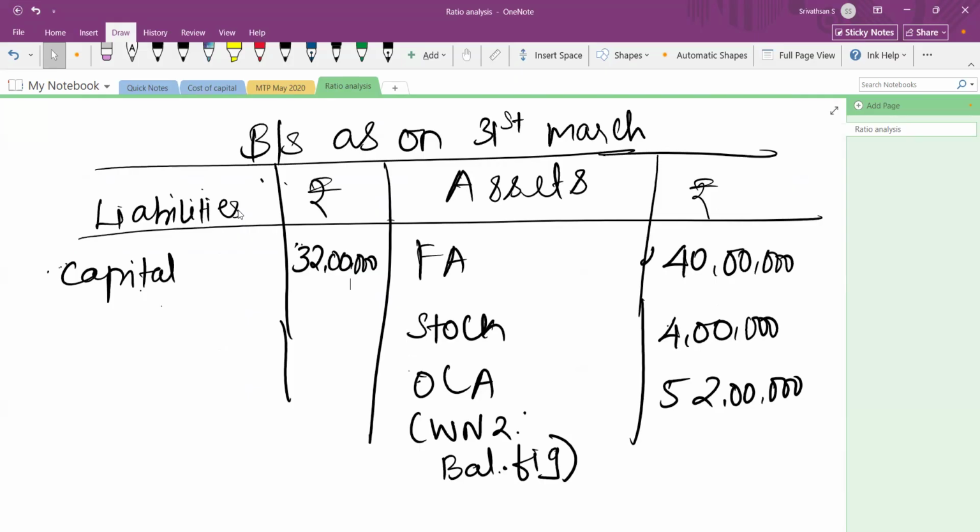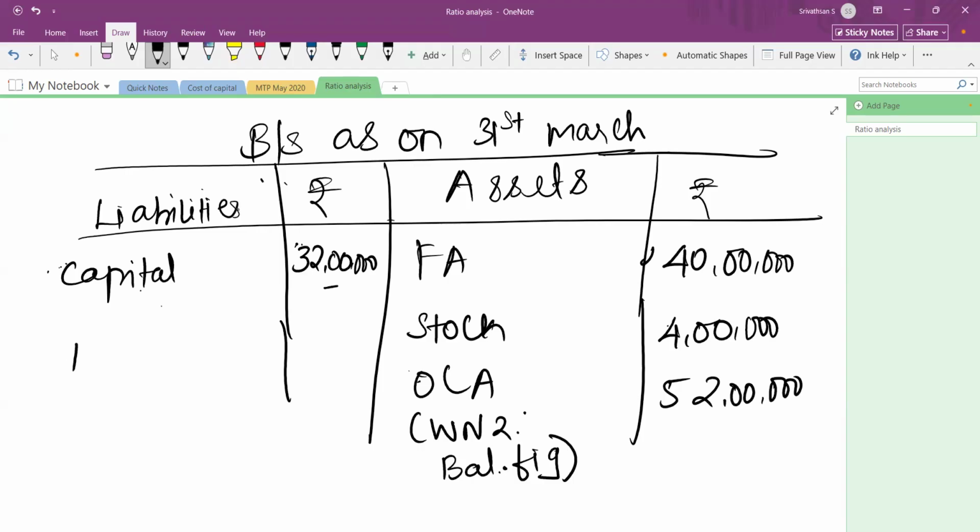Listen, this capital of 32 lakh is not included in the total liability.